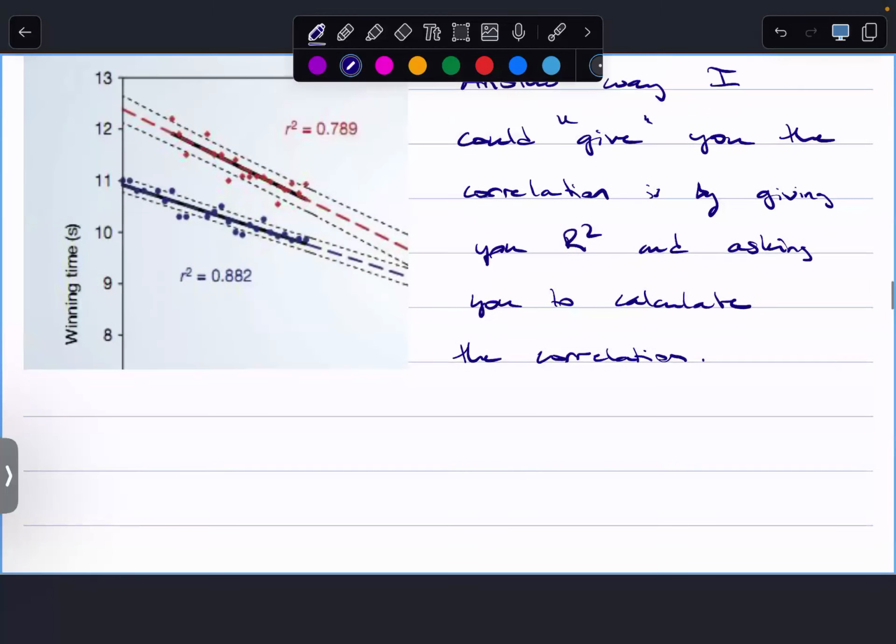For some reason, when I said that, it made me think of Notting Hill, I think it is. Asking you to calculate the correlation.